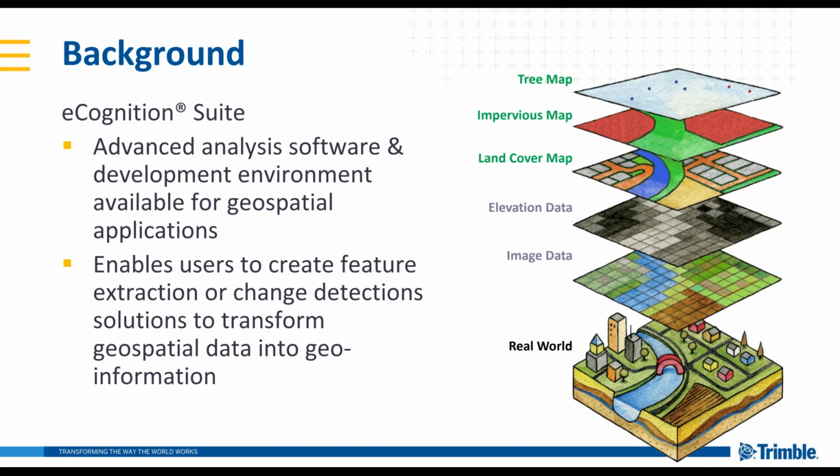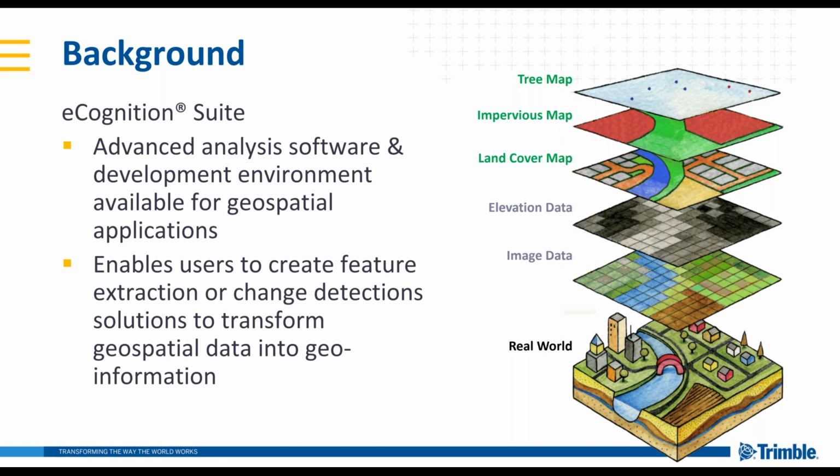And what we are really trying to do here is enable users with various tools to be able to create feature extraction or change detection solutions in order to transform this geospatial data in the form of images or point clouds and vector layers into geospatial information. So we're trying to go from our real world through image data, maybe combine that with elevation data, and extract land cover maps, impervious surface maps, maybe even map individual objects in our data.